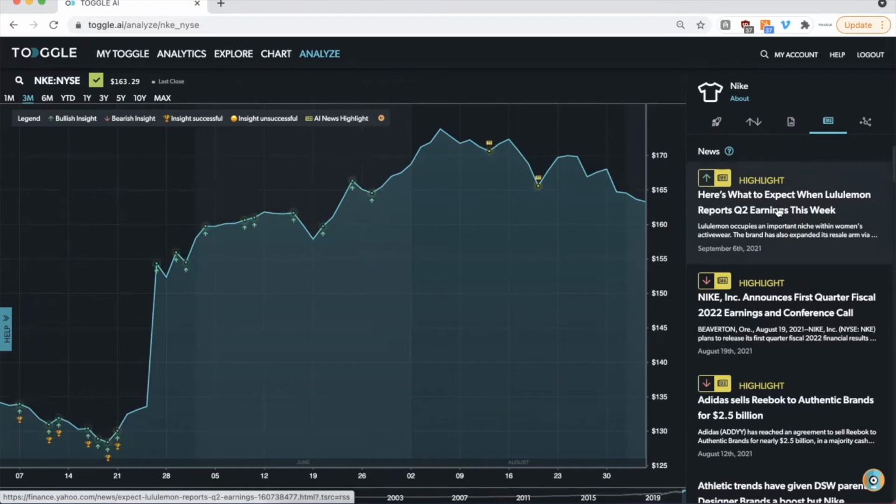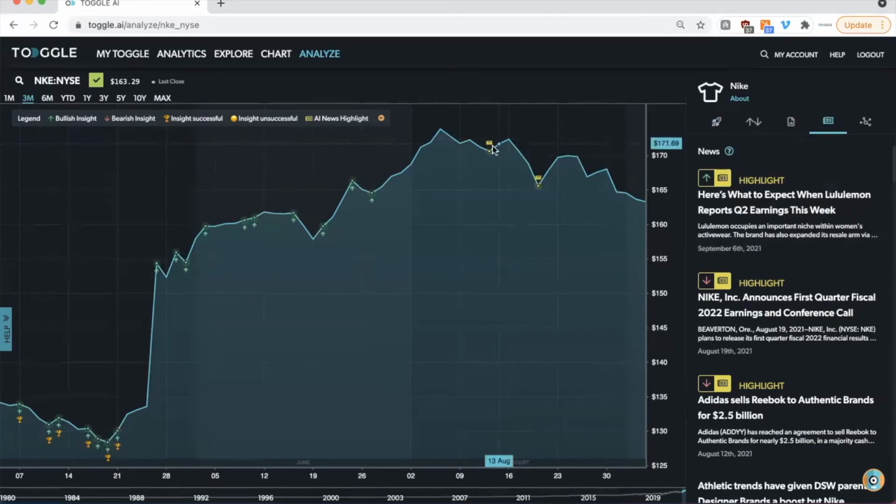For example, here, Lululemon is expecting its earnings this week, and the system believes that this could have a bullish direction on the price of the asset. And that is also available here based on these little news icons.